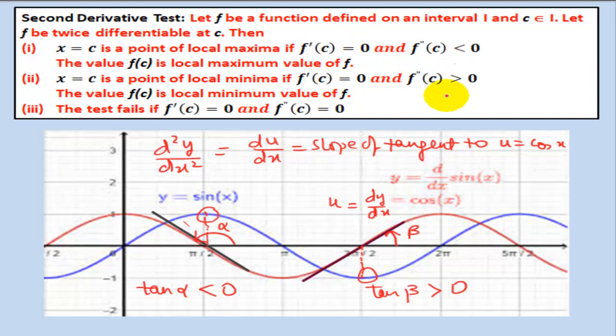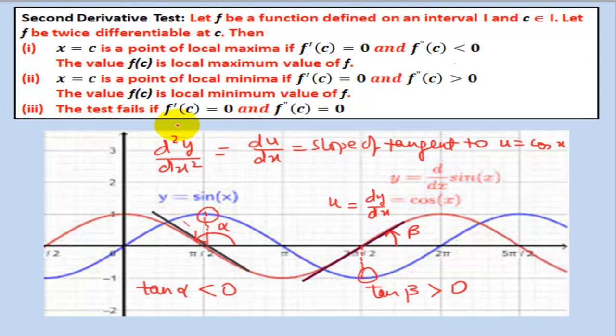Then you differentiate the function once more and check the nature of the second order derivative at that critical point. If the second order derivative comes out to be negative, that point is a point of local maxima. If it comes out to be positive, that point is a point of local minima. And corresponding to these points only, your function will either get maximized or it will get minimized.